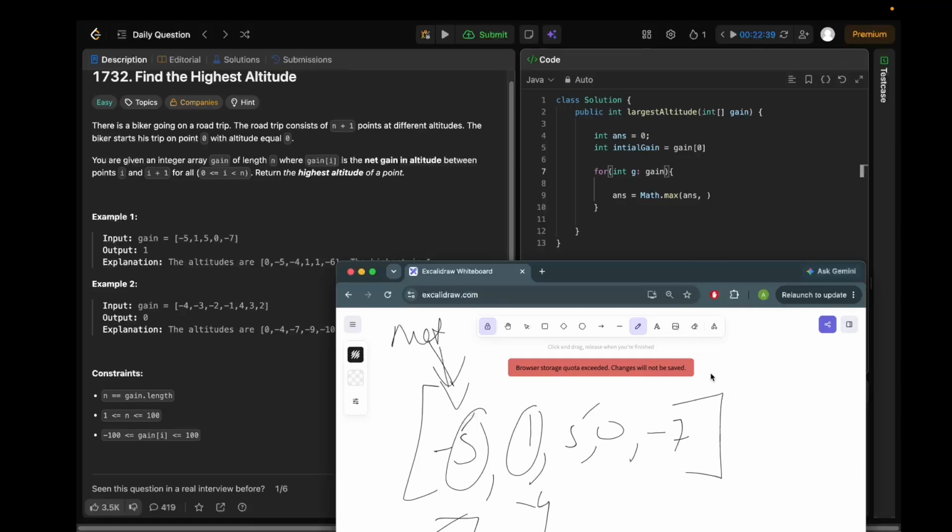If I initialize answer equal to what? Our current answer minus gain, answer, initial. Okay, one second.